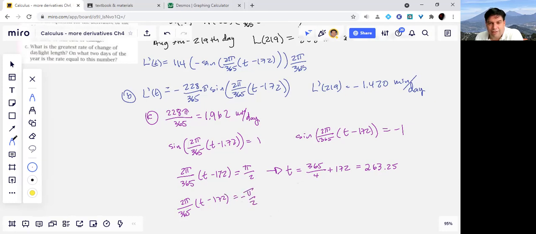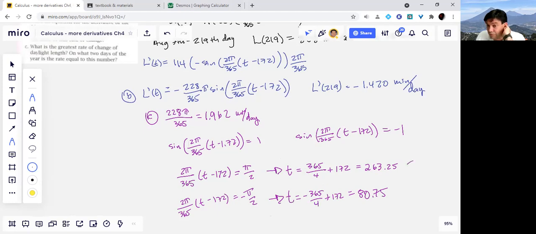So we get pretty much the same thing, but negative. t equals negative 365 divided by 4 plus 172. Okay, and that is 80.75. So I would say the 81st day.